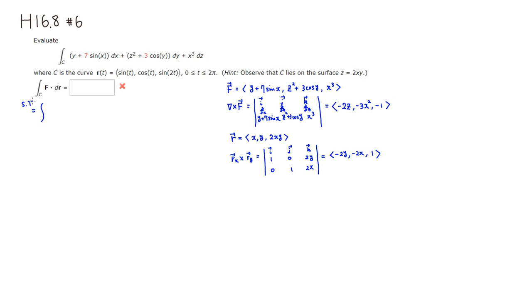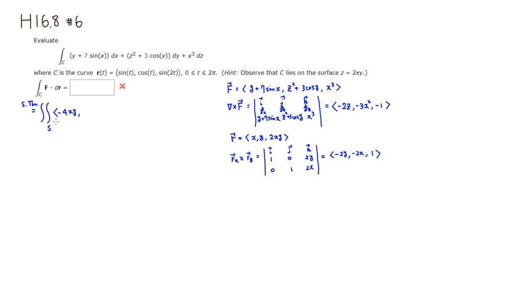So using Stokes' Theorem, we know that it's going to be a double integral over the surface, let's call that surface S, of the curl of F, which is going to be negative 2z. Actually, z is equal to 2xy, so I'm going to put the xy there, so it's a negative 4xy.